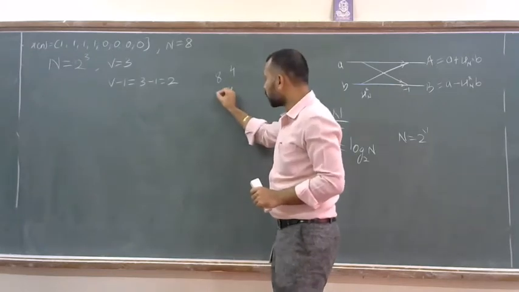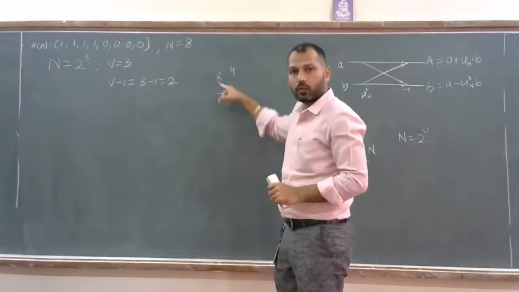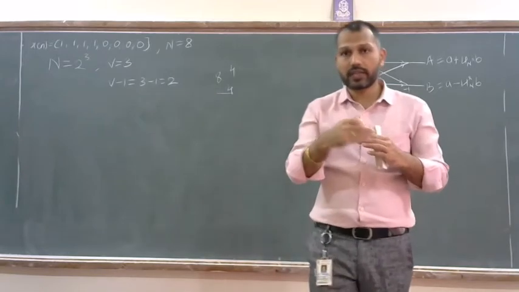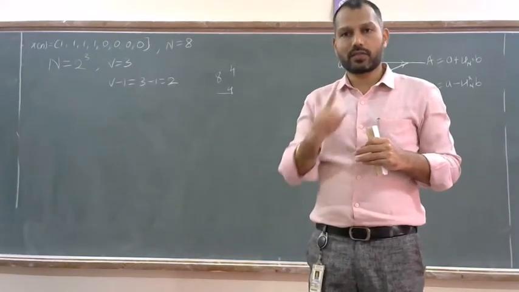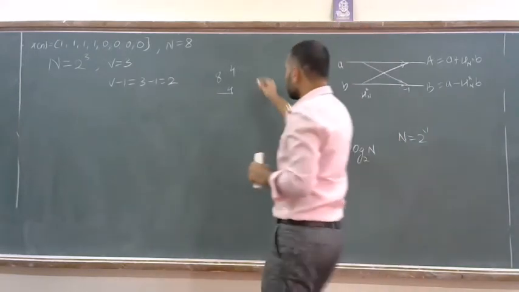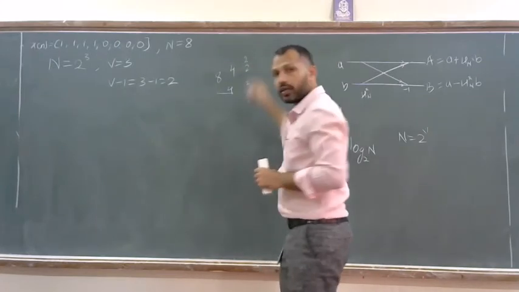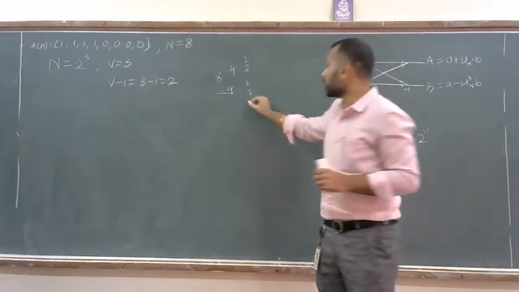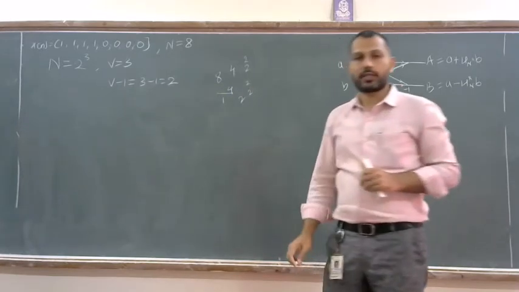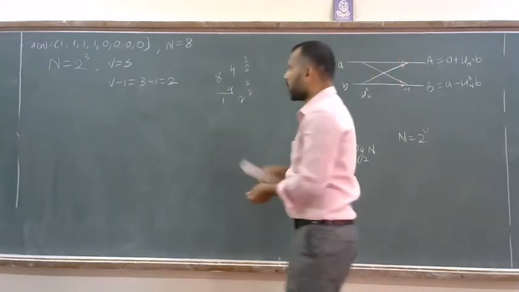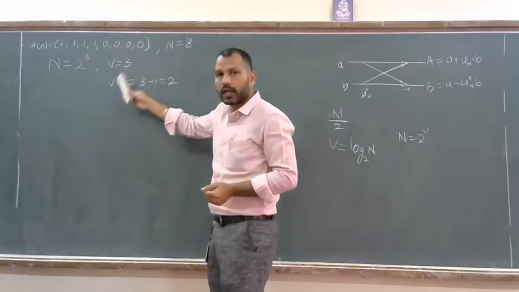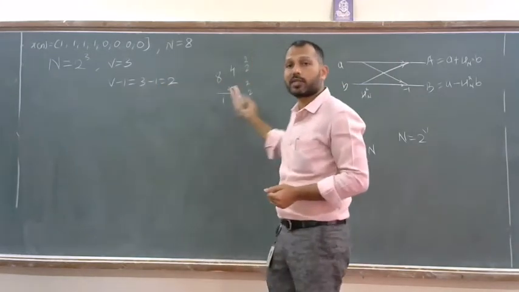This is one decimation. In the second decimation, 2 4-point sequences will be divided into 4 2-point sequences. This is the second decimation. Okay, so we'll be having 3 stages, V equals 3, and V minus 1 decimations being performed.